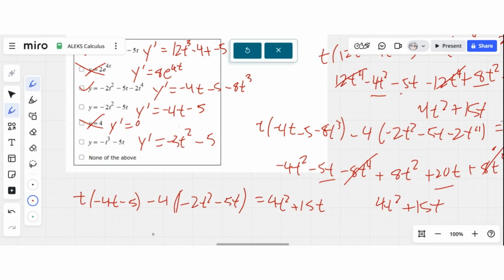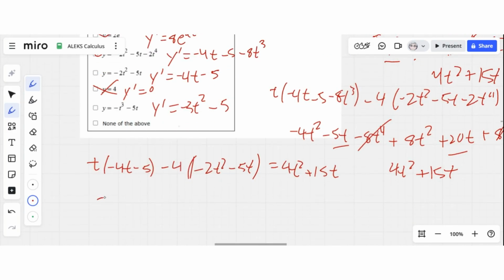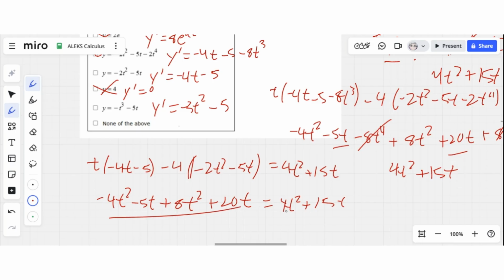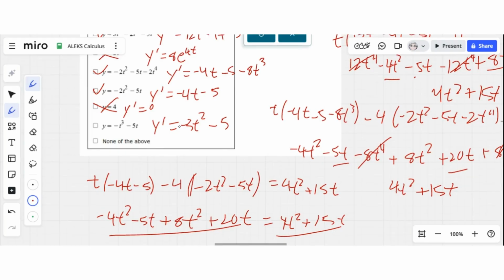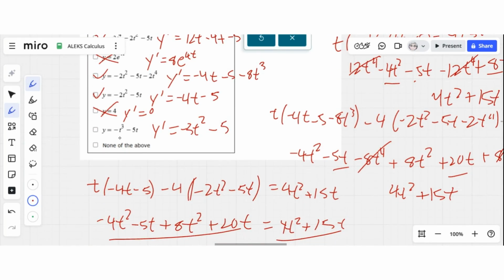Okay, multiplying the t through, we're going to get negative 4t squared minus 5t. Multiplying the 4 through here, we get positive 8t squared plus 20t. Same kind of relationship we've had here. This does simplify in the same way, so that equals that. I'll let you do the rest of it. So that one is also satisfying the differential equation. So we've got three so far. We've just got this one left.